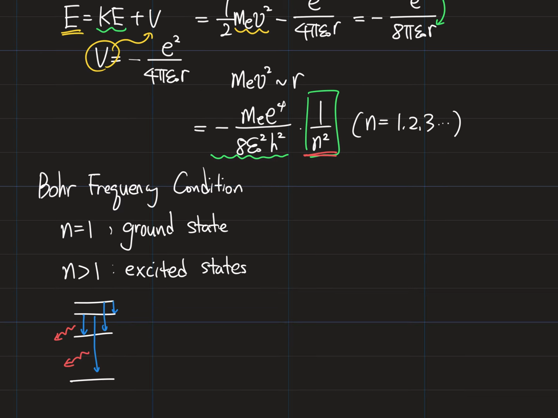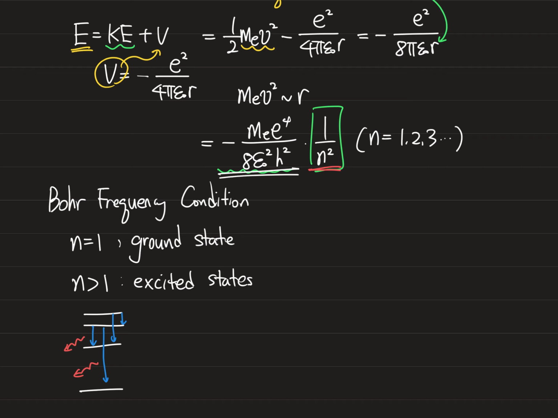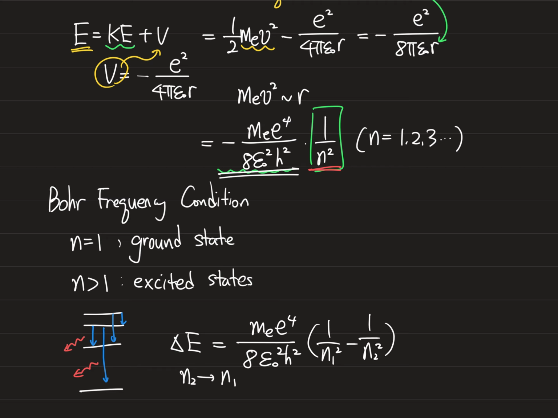We already have the expression for the energy here, and the energy difference delta E for the transition from n2 to n1 should be something like this. We know that this is a quantized energy level, and this is also a quantized energy level.